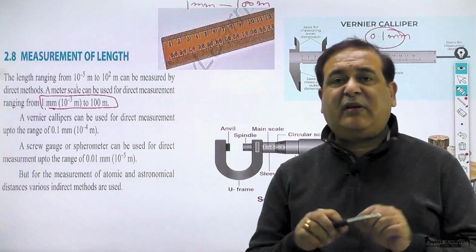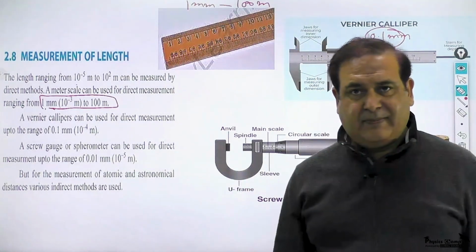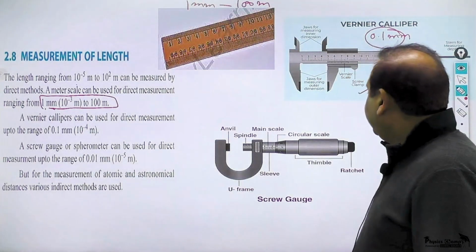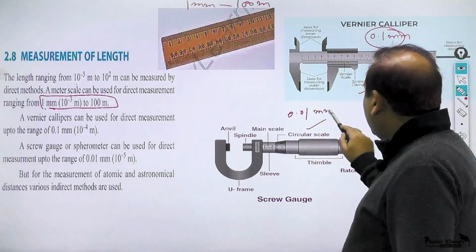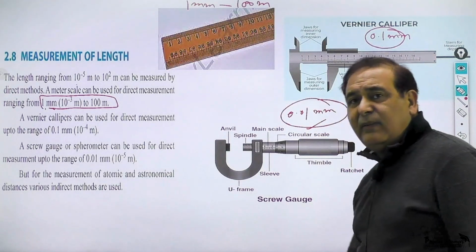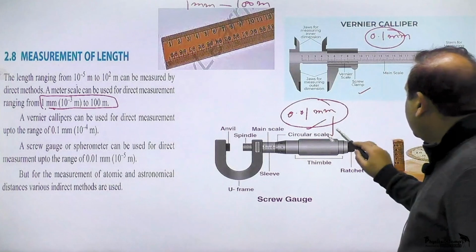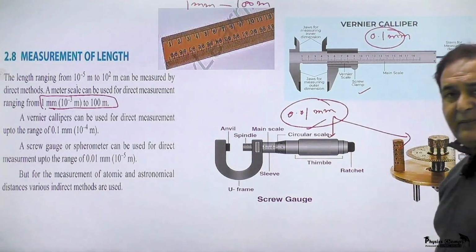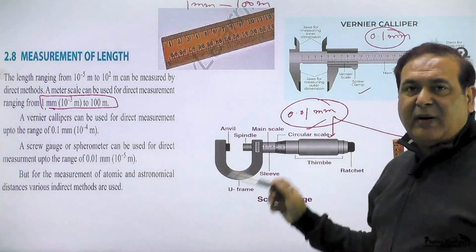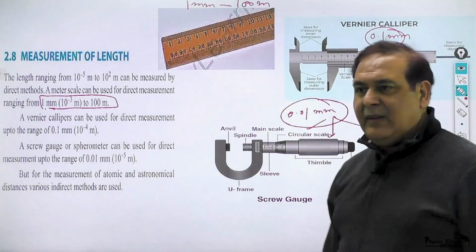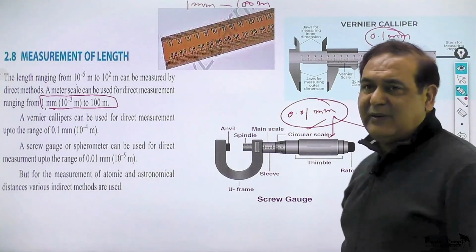We can use this direct measuring instrument. Then, in case we are looking for even smaller lengths, of the order of 0.01 millimeter, we have screw gauge and a spherometer. We will be talking in detail about all these instruments, part of your practical experiment also. So there we have all these instruments.